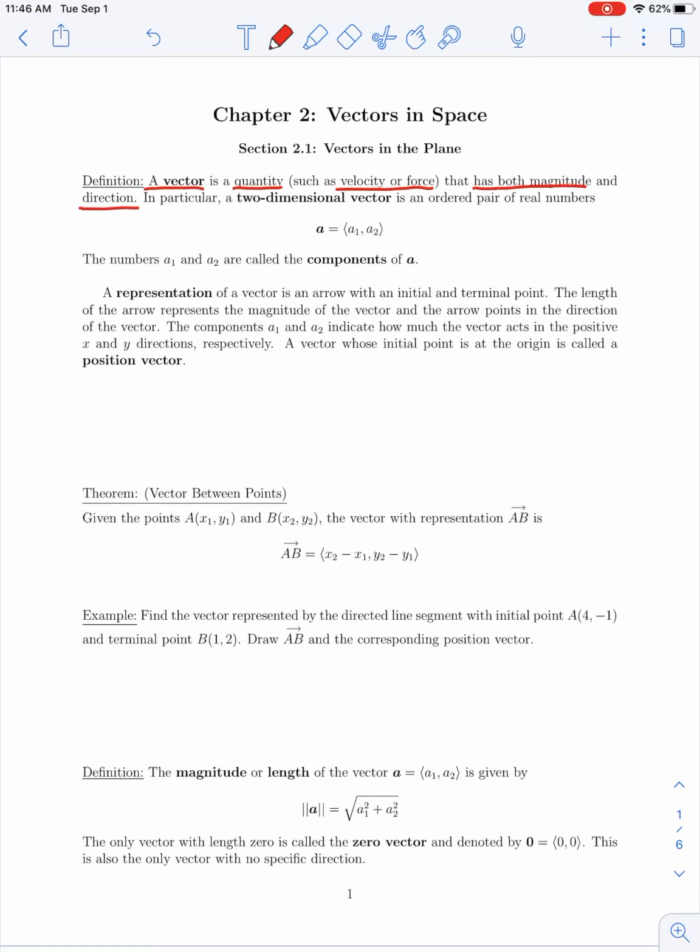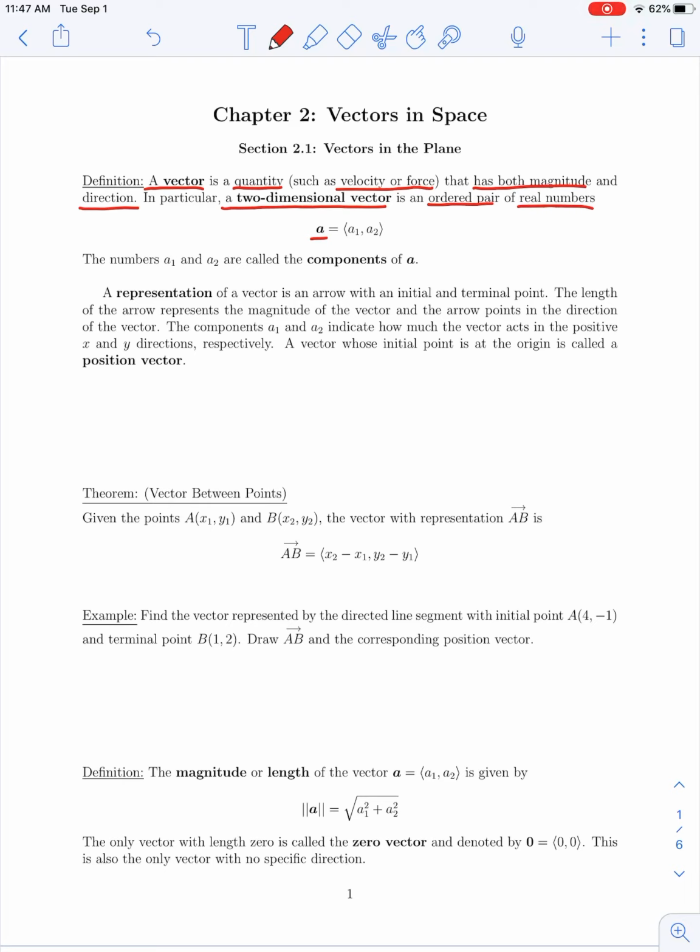Now, when we think about defining a vector in a mathematical context, we will define a two-dimensional vector as an ordered pair of real numbers. So let me talk a little bit about notation here. In this course, vectors will be denoted by some variable in boldface, and it's an ordered pair of real numbers.